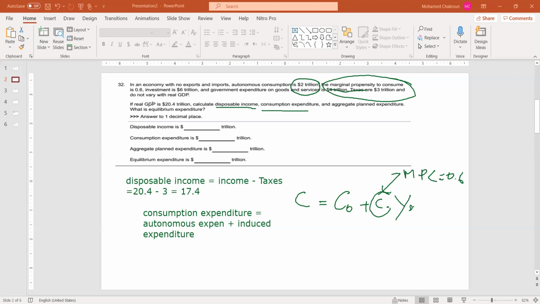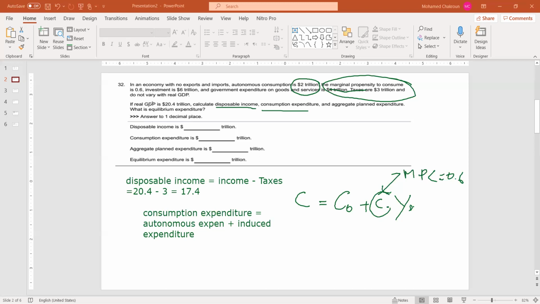In other words, 60% of national income goes to consumption of goods and services. This is the interpretation of MPC, marginal propensity to consume. And in other words, also 40% of national income goes to saving.